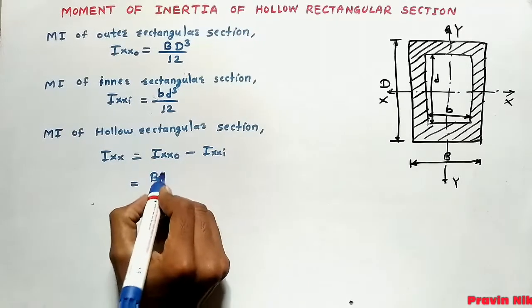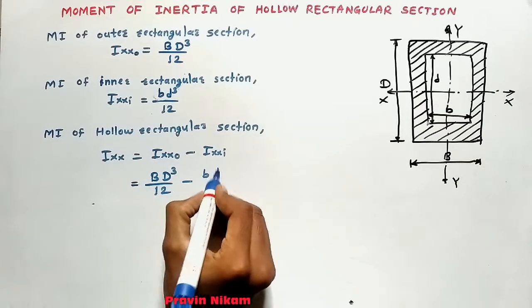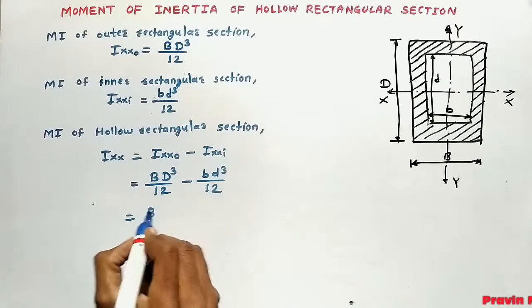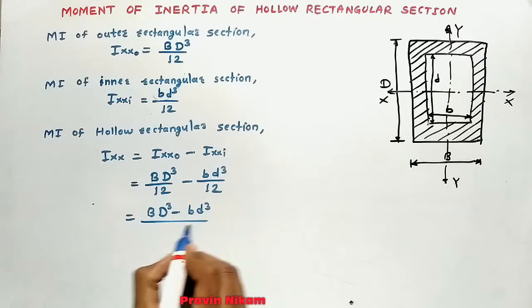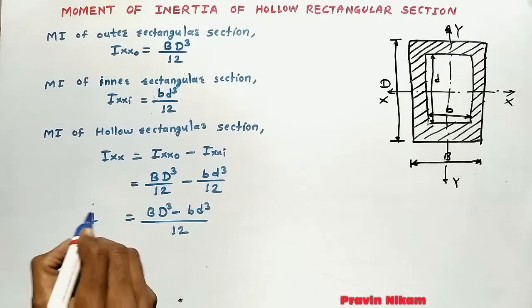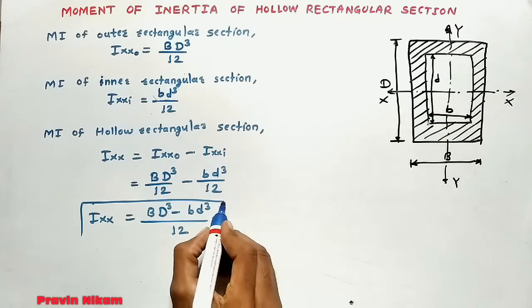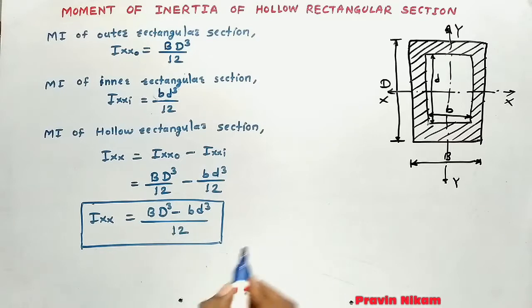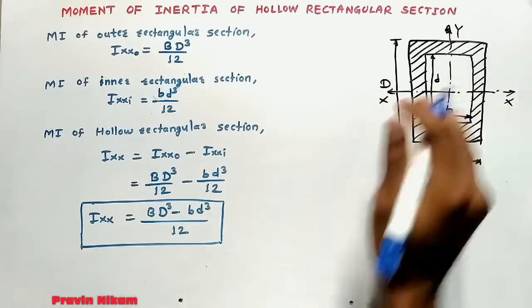So that is equal to BD cube divided by 12 minus bd cube divided by 12, which is BD cube minus bd cube divided by 12. So this is the formula for the moment of inertia of a hollow rectangular section about the xx centroidal axis.